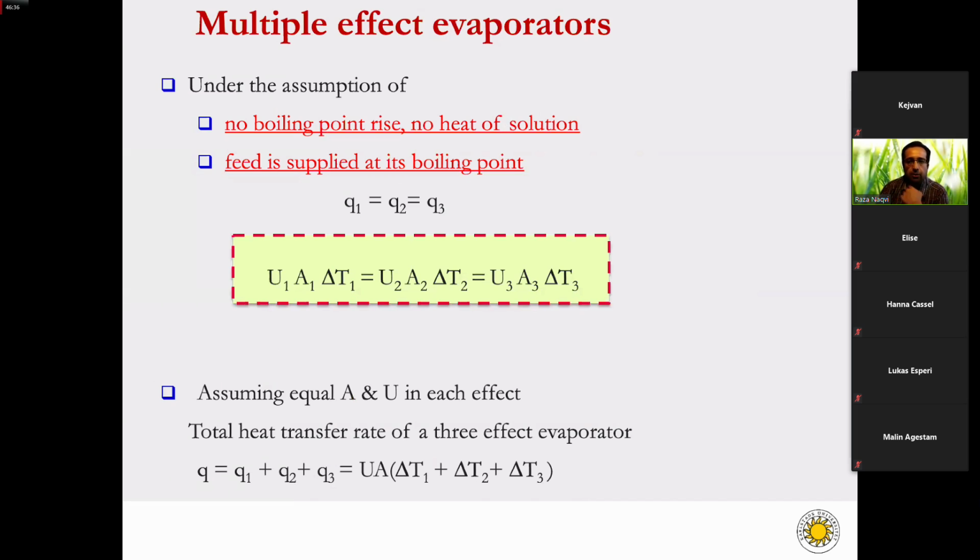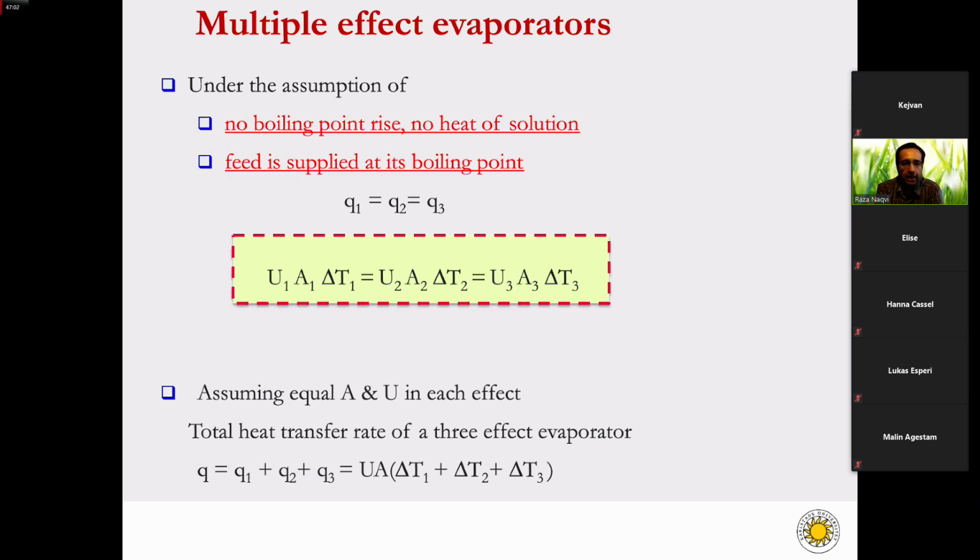And similarly, you can calculate for the third effect. Now we have to make certain assumptions: that there is no boiling point elevation and no heat of solution, since sometimes when the concentration of a liquid is increased, heat is dissipated to the solution.